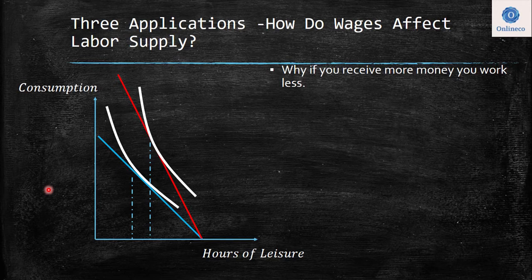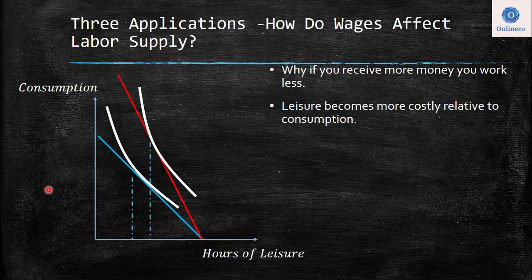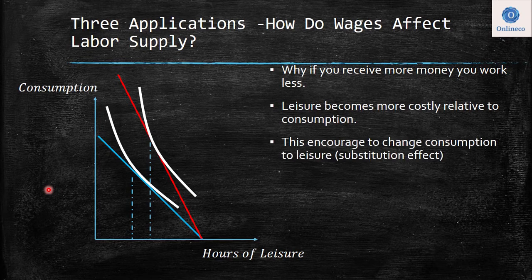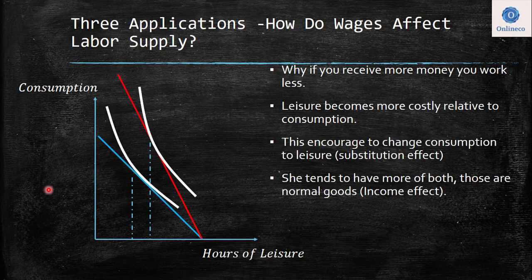Imagine that you get a higher salary, but then you start to work less because you start to value leisure time more and you get more leisure time due to a higher salary. Then leisure becomes more costly relative to consumption. At the end, this encourages a change from consumption to leisure, which is the substitution effect.